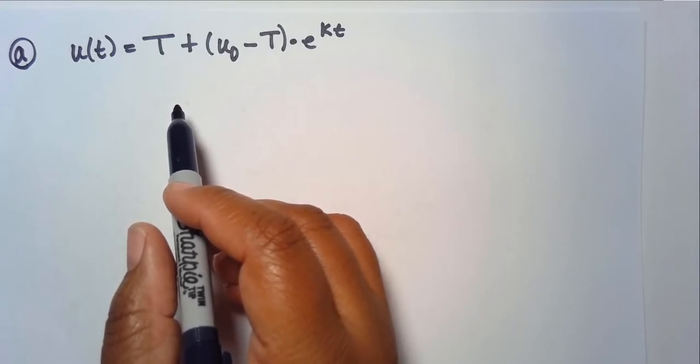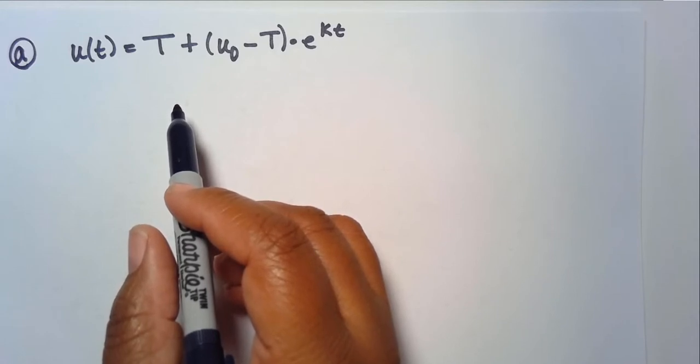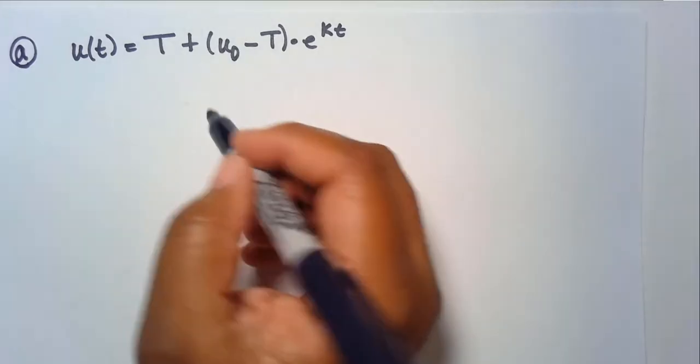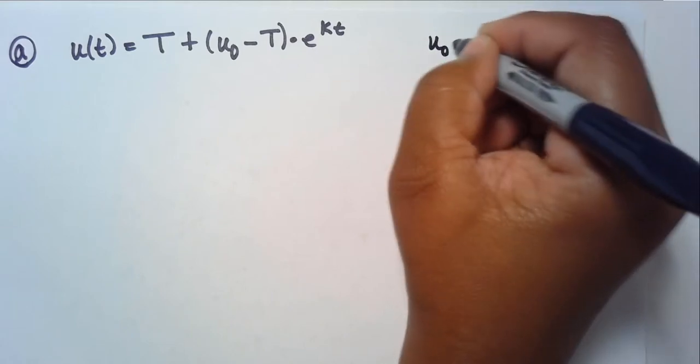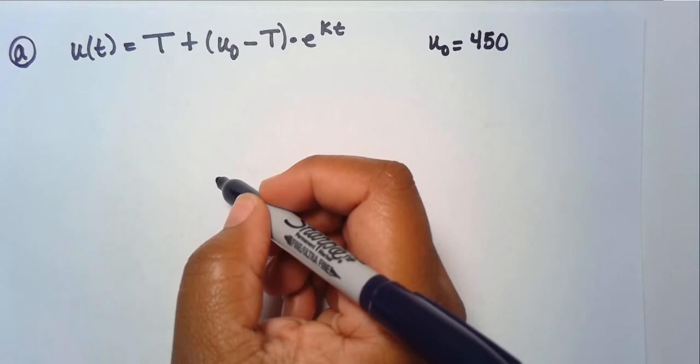It says here that this pizza pan is removed at 10 p.m. from an oven whose temperature is fixed at 450 degrees. So that would be our U sub 0. That's our initial temperature.